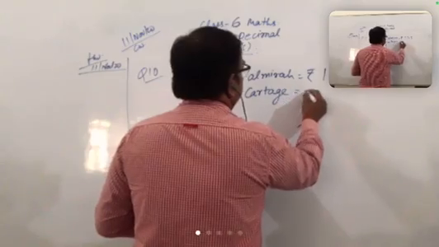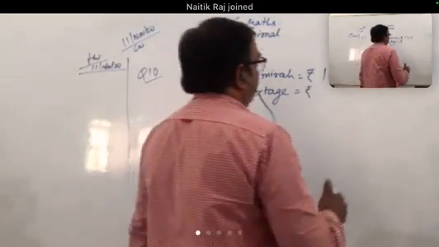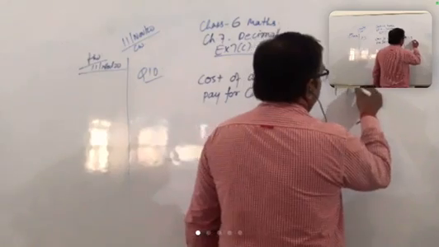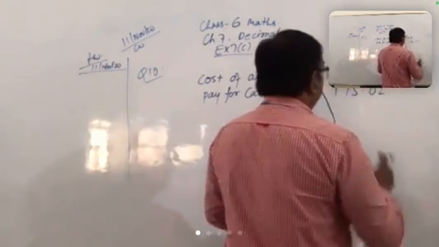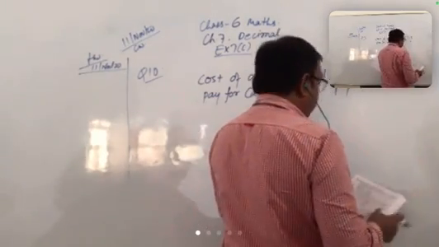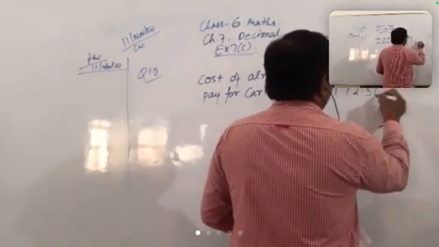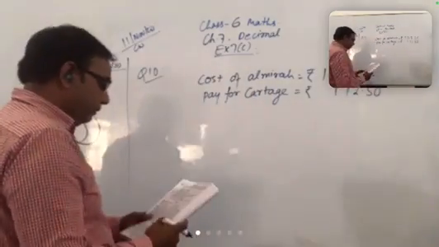Cartridge is rupees 172.50. So we have to write here like this. Sorry, it is 172.50. We put the point here and put 0 also.